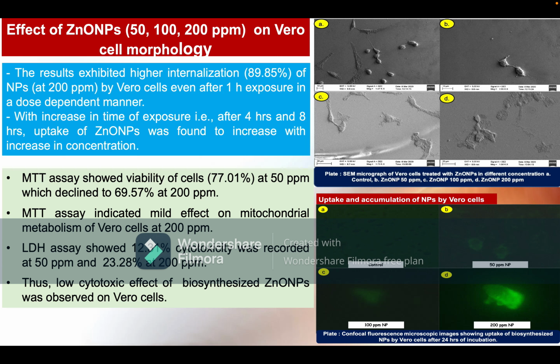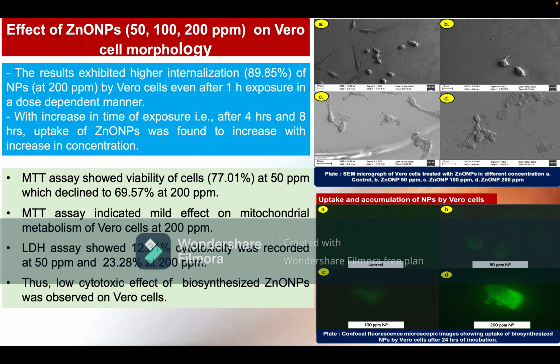Followed by that, MTT assay was done, which is a colorimetric assay for the cell metabolic activity. MTT assays are generally done in the dark since MTT reagent is sensitive to light. And for this case also, we have used the different concentrations of zinc oxide nanoparticle as I mentioned earlier.